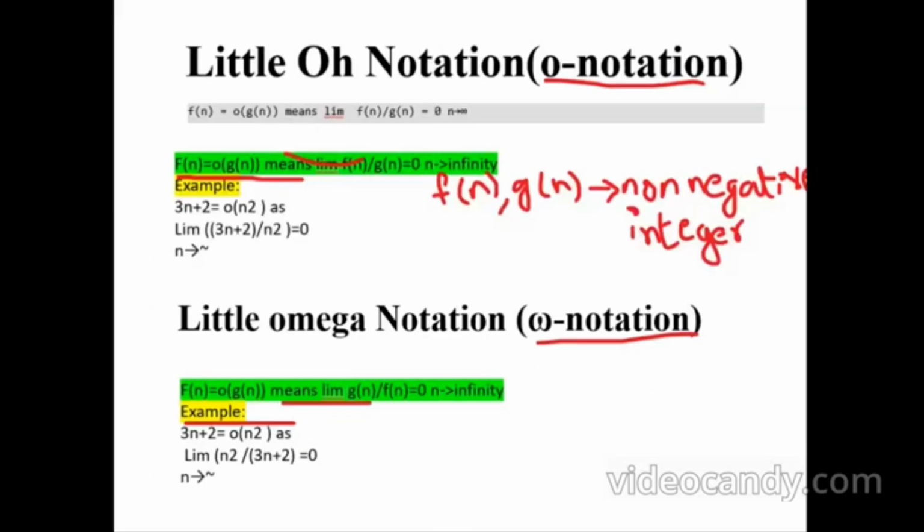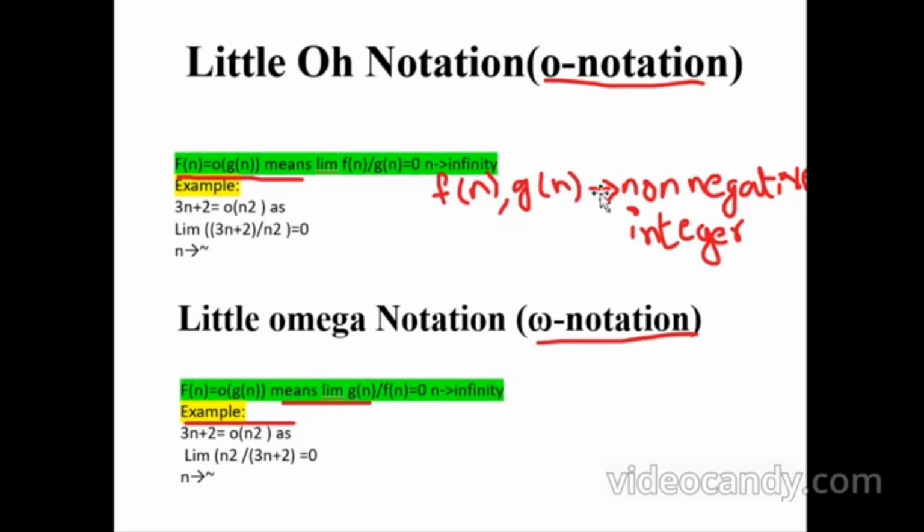Next, little o notation. This little o notation is represented with f of n is equal to o of g of n, which means limit f of n by g of n is equal to 0 where n tends to infinity.